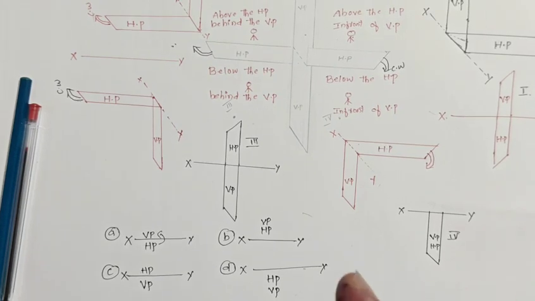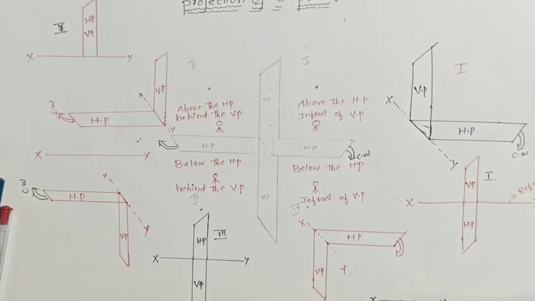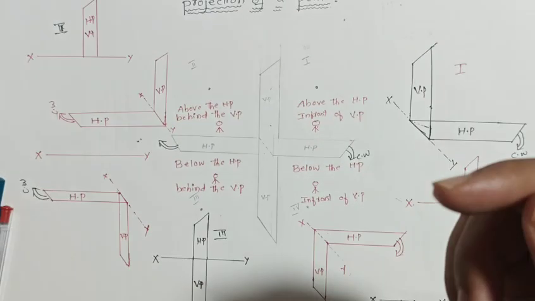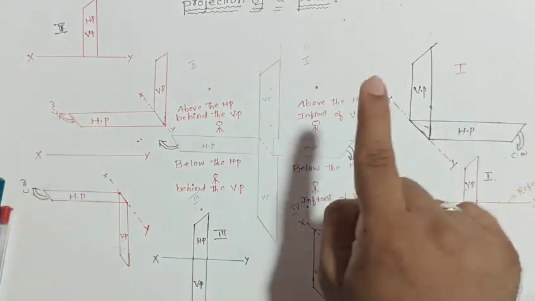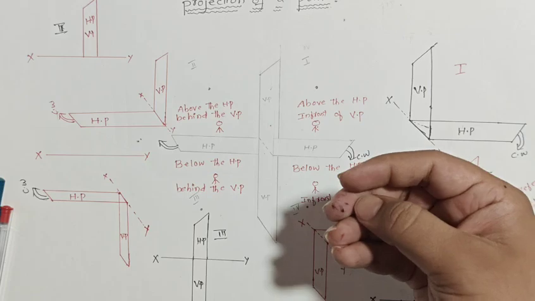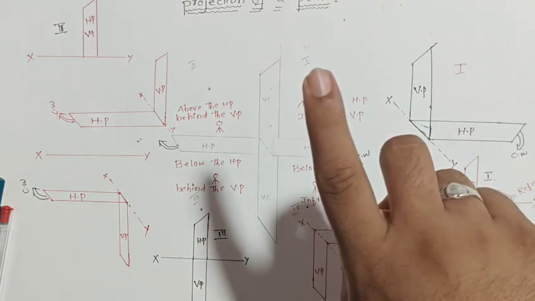So I will ask a question. Please identify which quadrant this question belongs to. For example, a point 20 mm above the HP, 60 mm in front of VP.